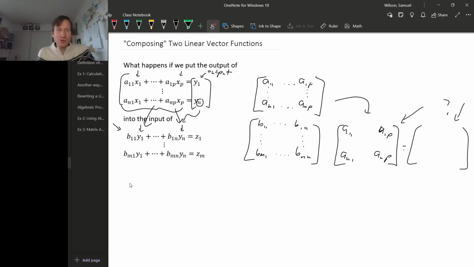So we're going to get B11 times Y1, and Y1 is the sum of A11x1 up through A1pxp. So I'm going to use sigma notation to write that because otherwise things get nasty if you don't use sigma notation here.